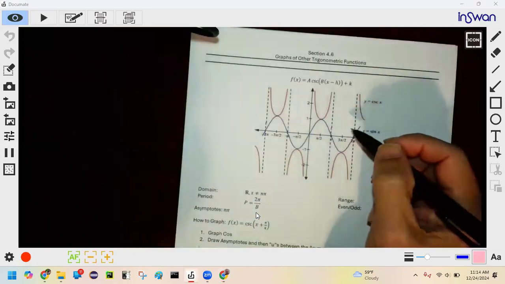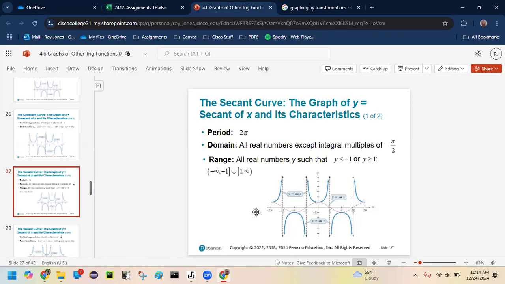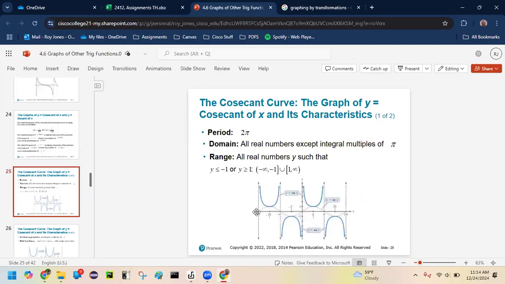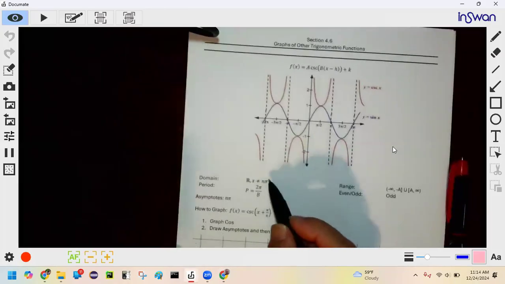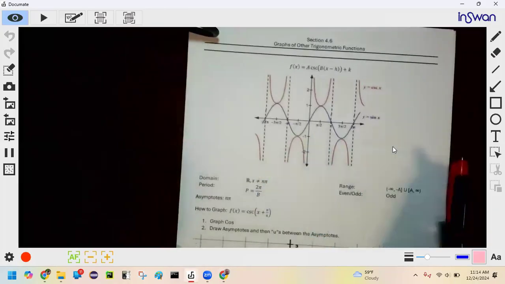So let's see here. Cosecant. Oh, that's secant here. Let's go back here. The domain is all numbers except multiples of pi. So we have n pi right here. So all real numbers, x not equal to n pi. Period is still 2 pi over b.